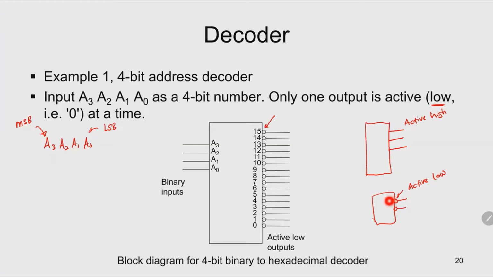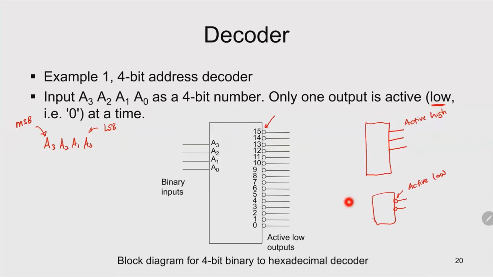So if you power it up, not doing anything to the inputs, the output is high. Only when certain combinations of the inputs will give you a low output. So when that output is activated, this is called an active low output.